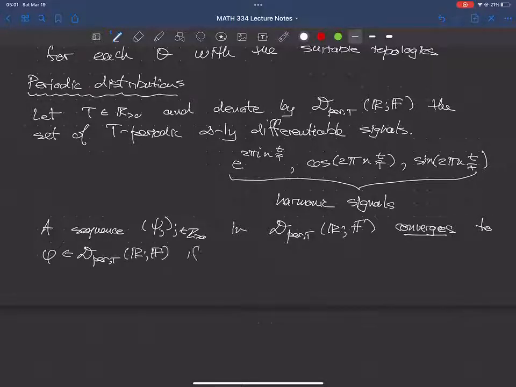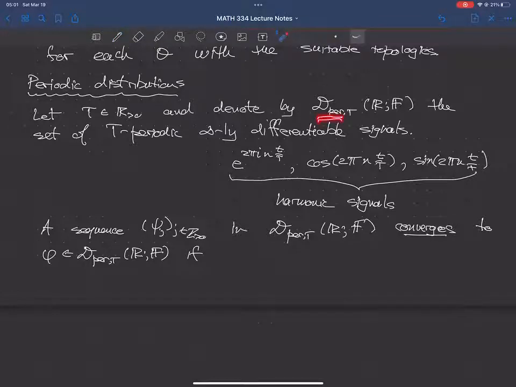Remember the convergence in D had this condition of there being a common compact support for all of, not a common compact support, but all of the supports were contained in a common compact set for all terms in the sequence. Well, you're not going to have that here because these things don't have compact support.